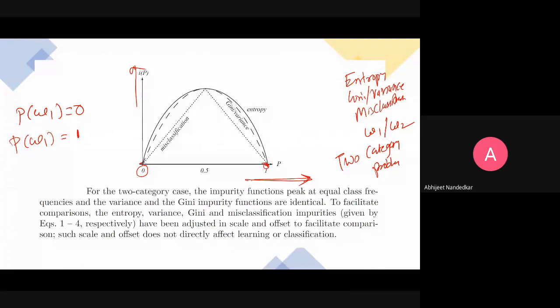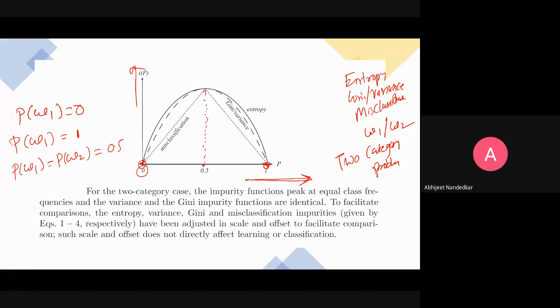So for the two extremes, you have 0 entropy. But when you have a 50-50 chance, that is, probability of omega 1 equal to probability of omega 2 equal to 0.5, at this position you will see that there is the highest entropy or highest uncertainty.